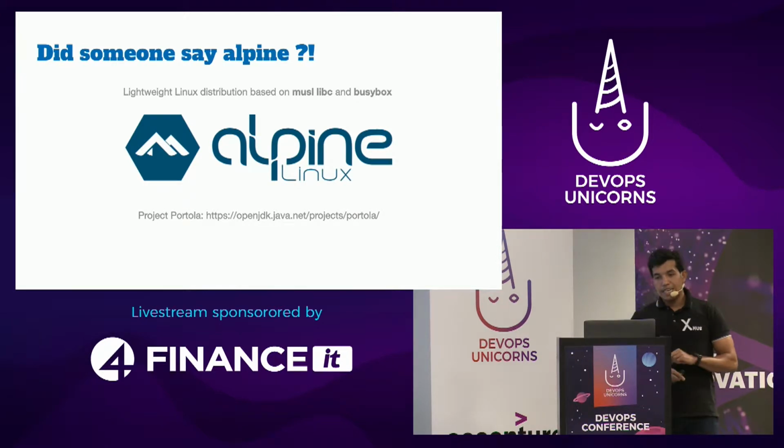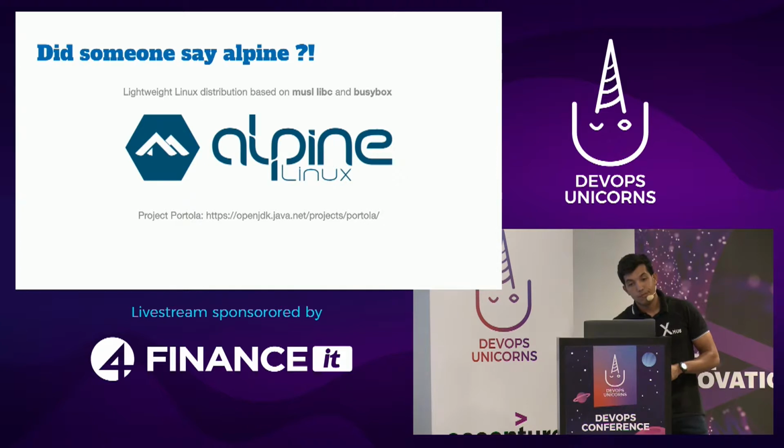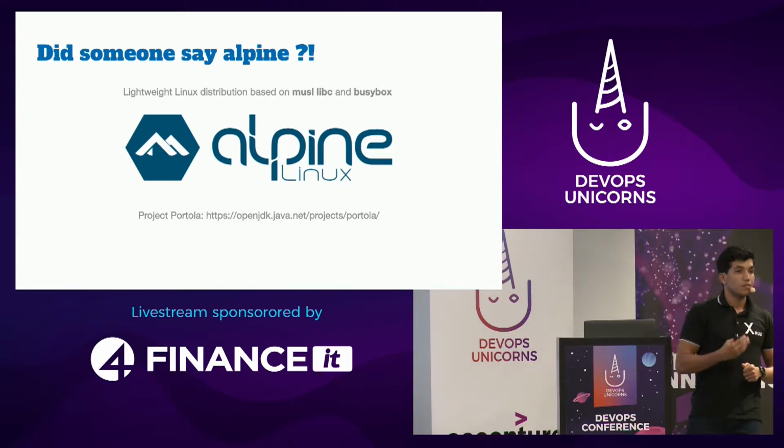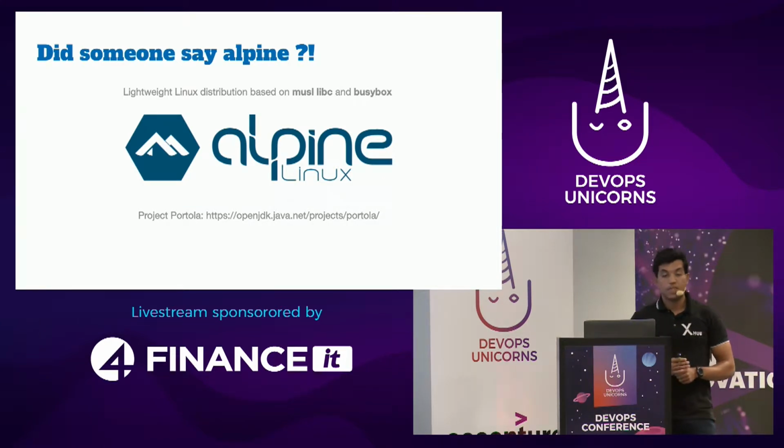And when we mention using a small base image, one Linux distribution that comes to mind is Alpine. Alpine is the ideal Linux distribution for many applications out there, especially in the context of containers. It is a very lightweight Linux distribution. Its size is almost 4 megabytes, and it is based on top of musl libc and BusyBox.